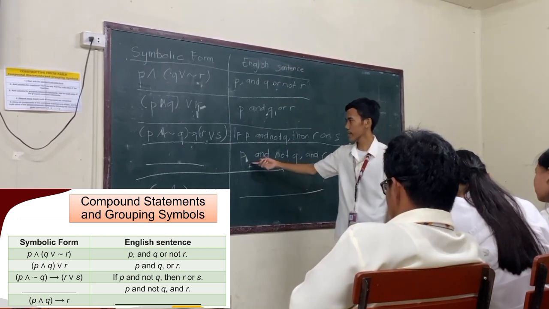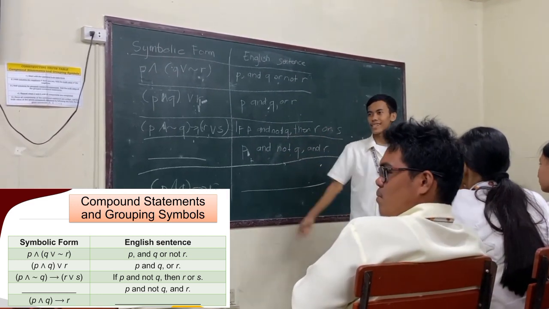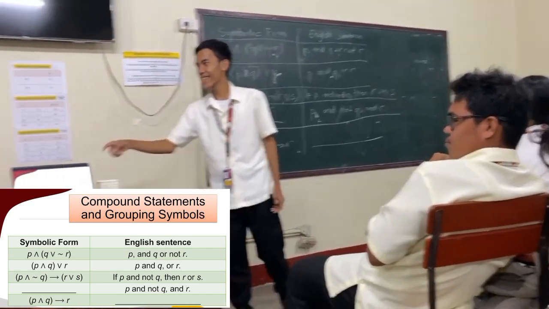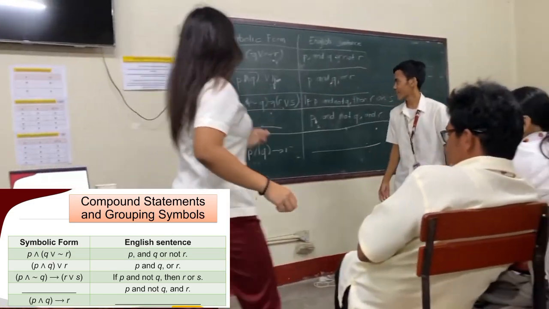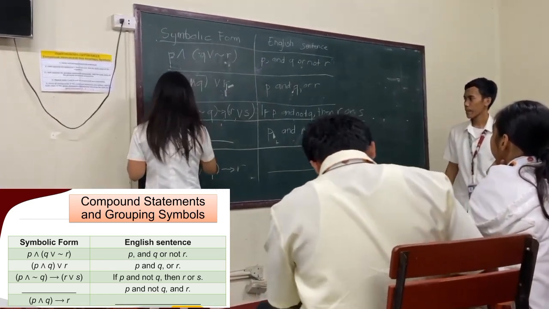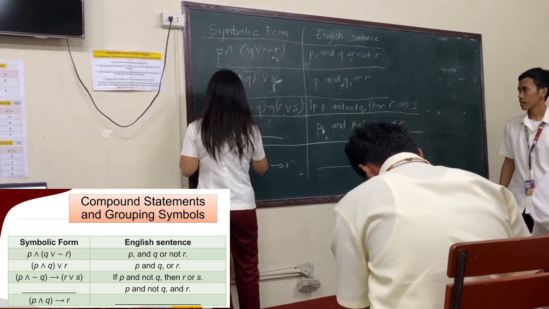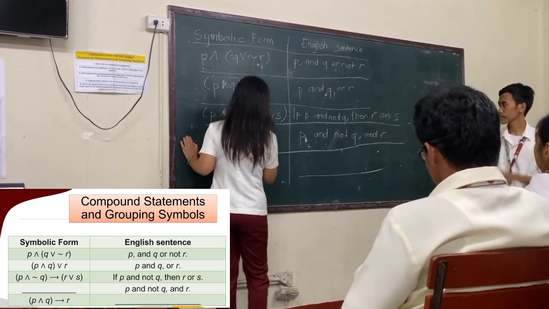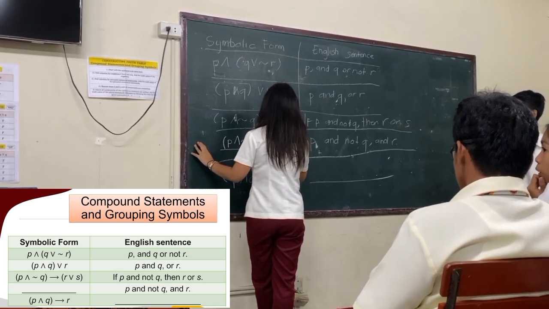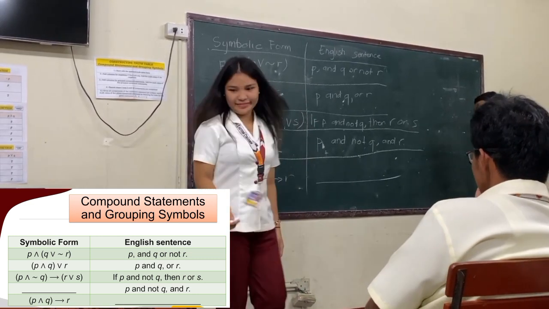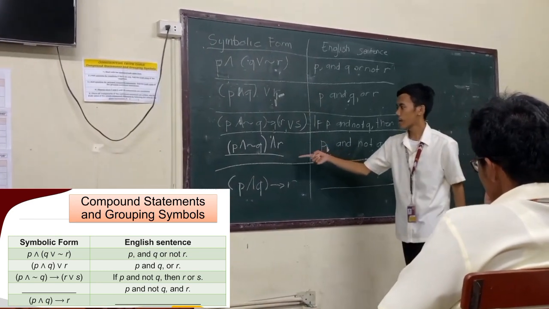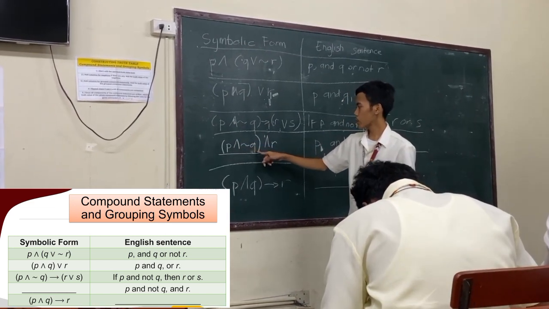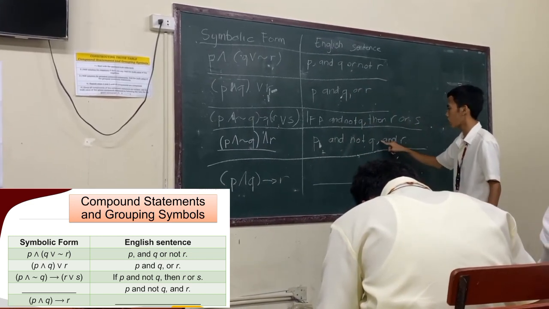So, who wants to try this for example? Okay, tama. So magka-group yung P and not Q because here we can see the comma.